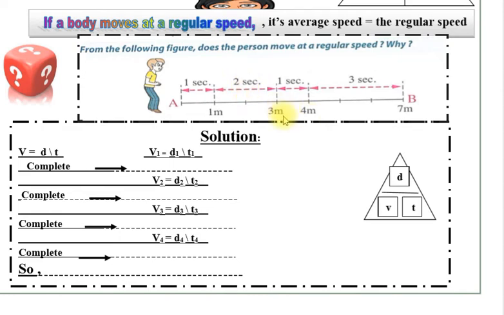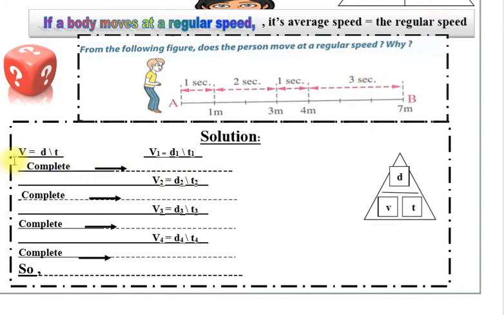What about the third distance? The third distance is 4 minus 3, so it's 1 meter covered in 1 second. The final distance is calculated by 7 minus 4, so it's 3 meters covered in 3 seconds.